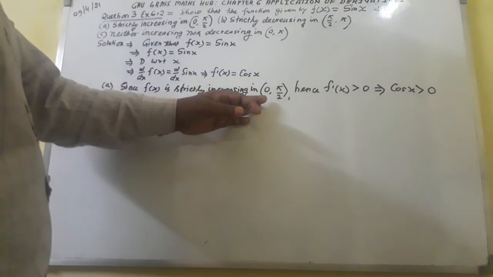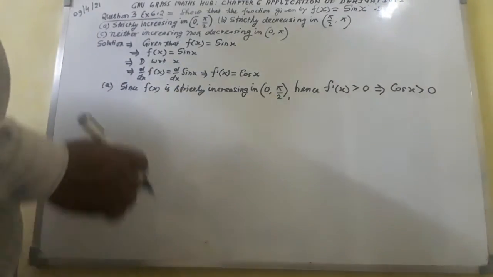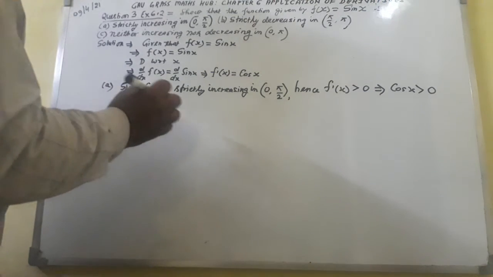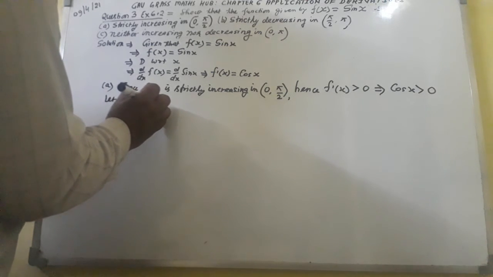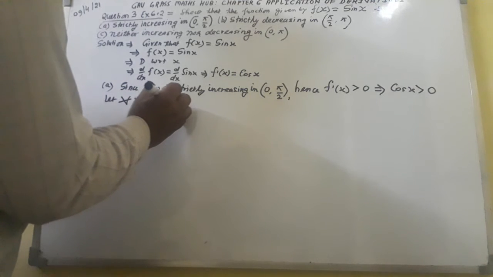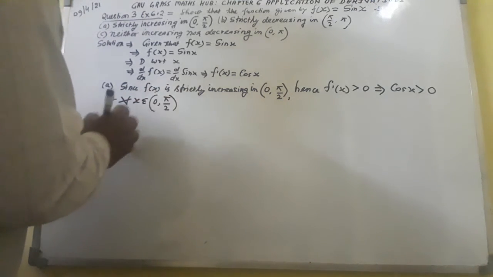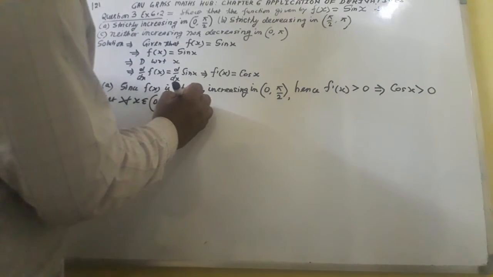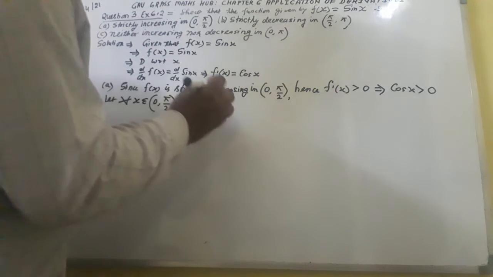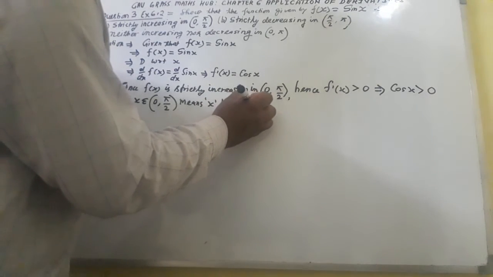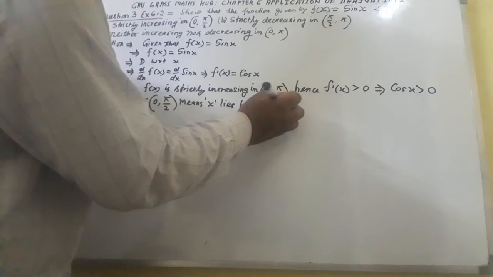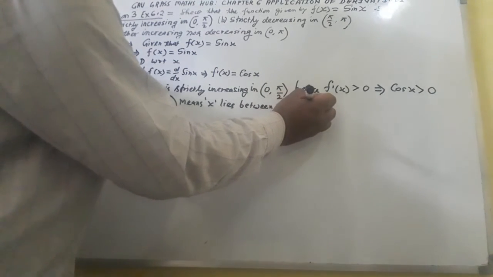Here I shall explain what the open interval 0, pi by 2 means. Let x belong to the open interval 0, pi by 2, which means x lies between 0 and pi by 2.